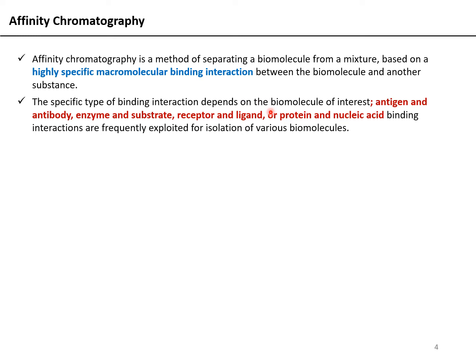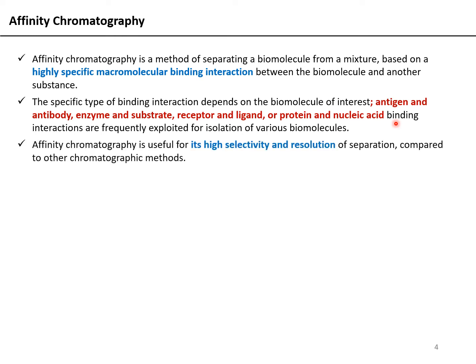Because the entire mixture or mobile phase will pass through your stationary phase, but only these proteins will bind. So for instance, if you have your antibody covalently conjugated to the stationary phase, then a specific antigen will bind to the antibody, and as a result this antigen will be captured on the beads. Now the rest of the solution will flow through, and you have your antigen bound on the beads. So this will help in separating out or isolating this antigen from the rest of the mixture.